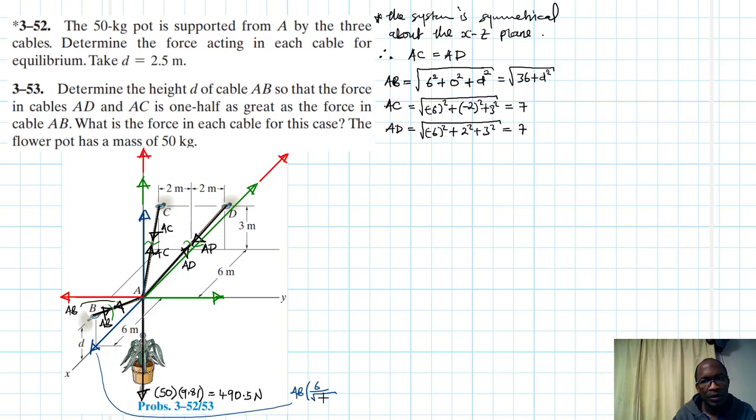We said for AB it is root of 36 plus d squared. Alright, and then this one we say AB by d divided by root of 36 plus d squared. Right.